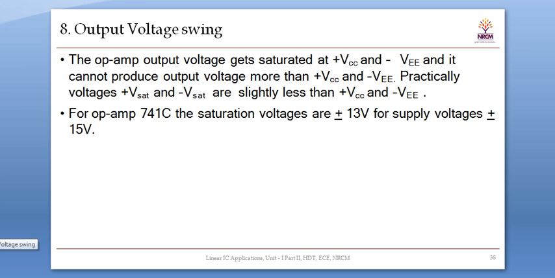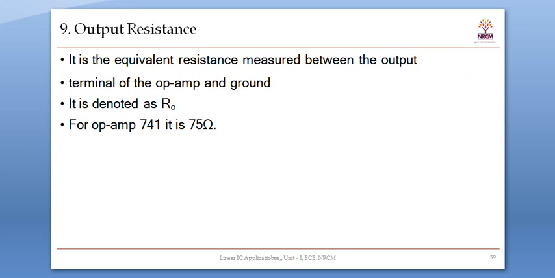Another electrical parameter, performance parameter or characteristic of op amp is output resistance. It is the equivalent resistance that can be measured between the output terminal of op amp and ground.